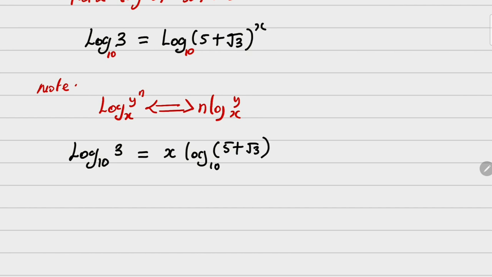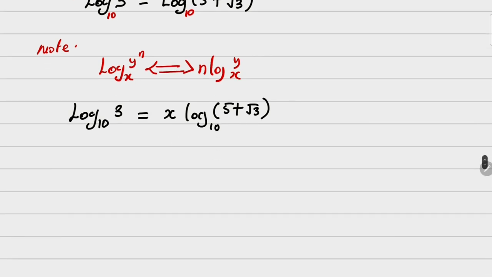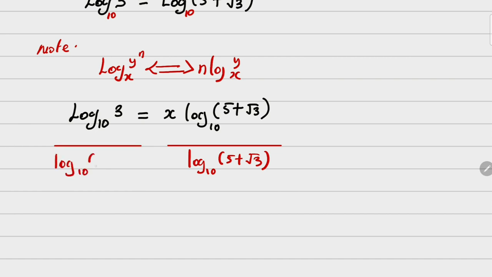Now you can see that if I really want to get the expression for x, I divide both sides by log base 10 of 5 plus root of 3. The same thing, because it's both sides. So this is what I'm going to have. Writing this now, it will show you that this will take off this.